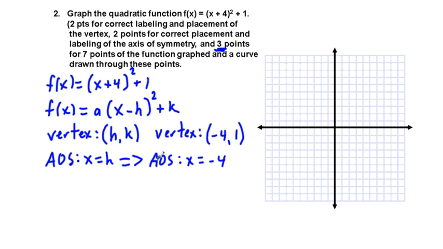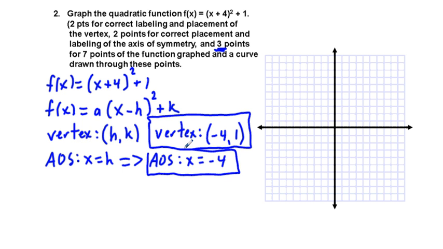So we have a vertex and an axis of symmetry, and that's 2 points, and then 2 points for correct placement and labeling of the axis of symmetry.